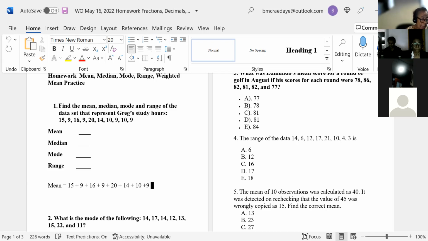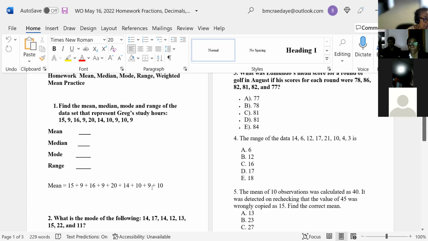Plus 9. Plus 10. Is that all the items? 3, 6, 9, 10 items. Yes. 9, 16, 9, 20, 14, 10, 9, and 10.